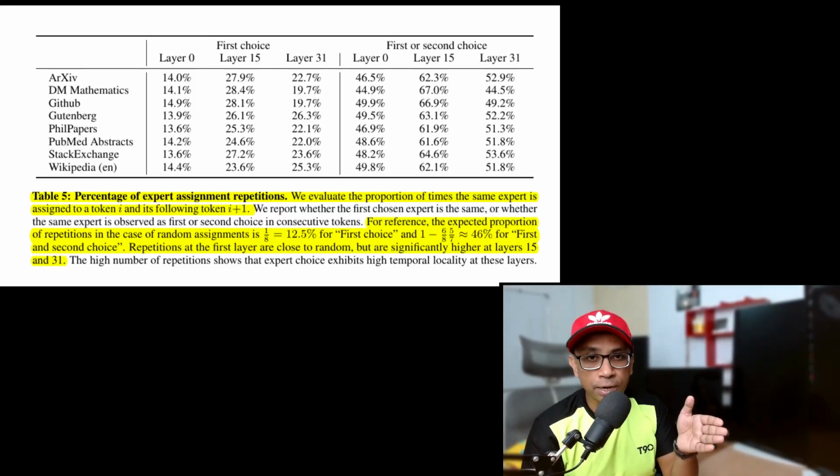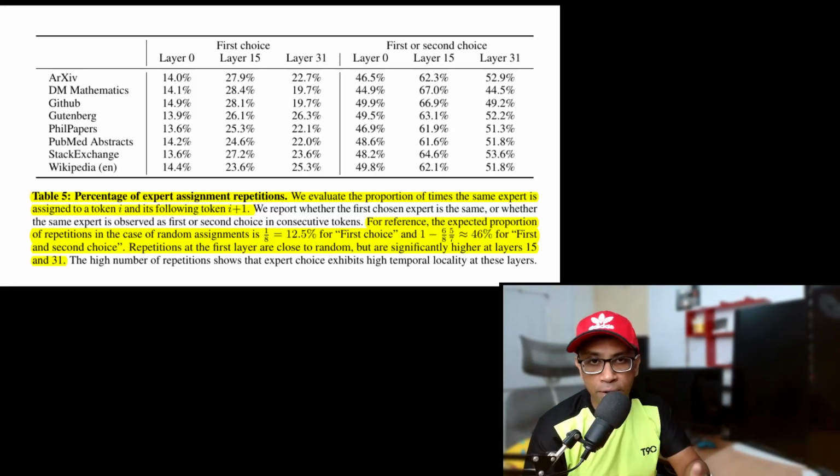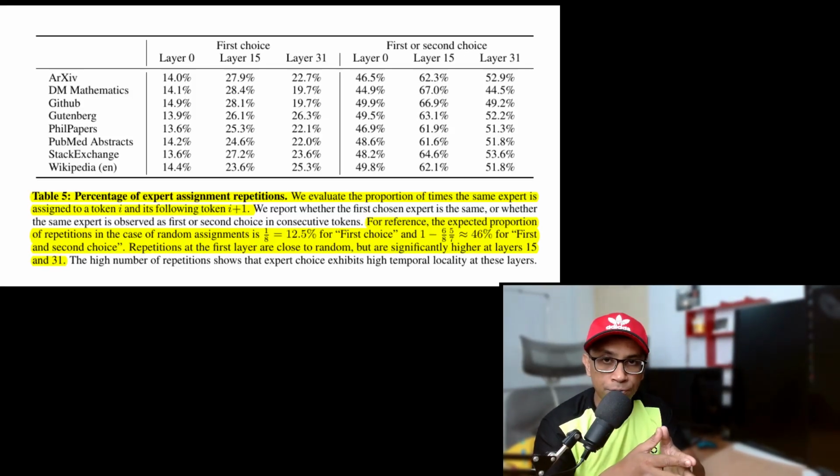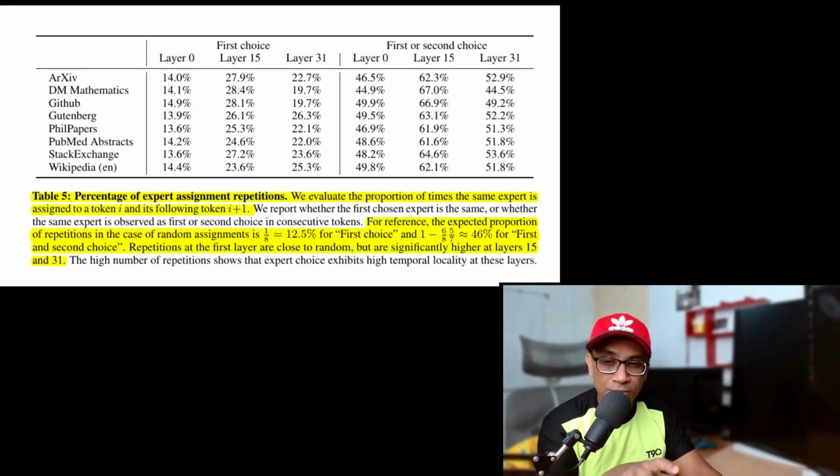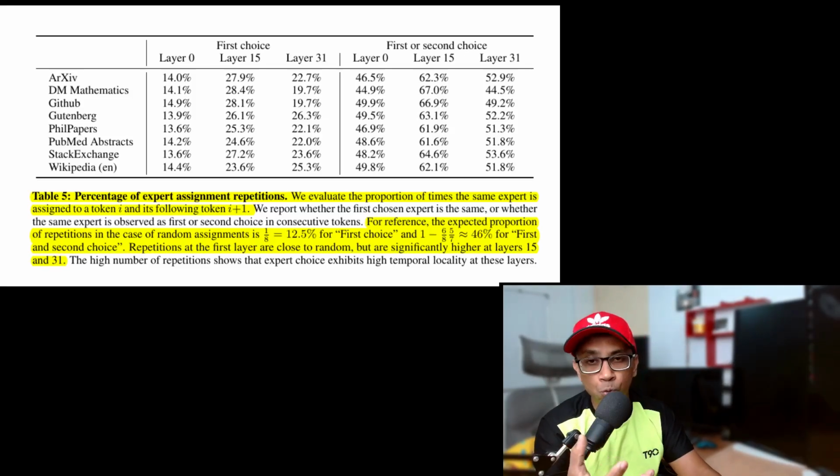What this table of experts is showing is how often the same expert was chosen for subsequent tokens. Some experts are chosen more often than others for each subsequent token. And these choices of experts have more to do with the syntax or the meaning of the text rather than the domain.